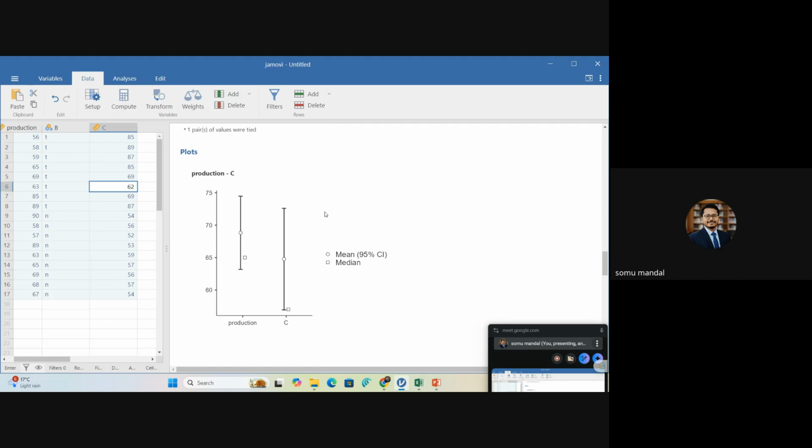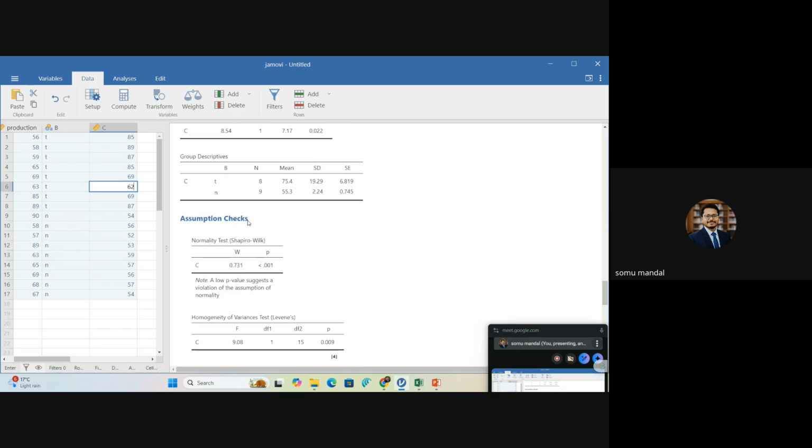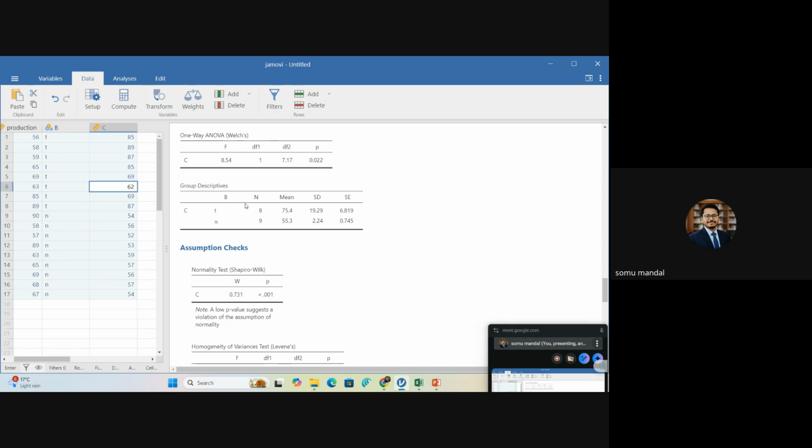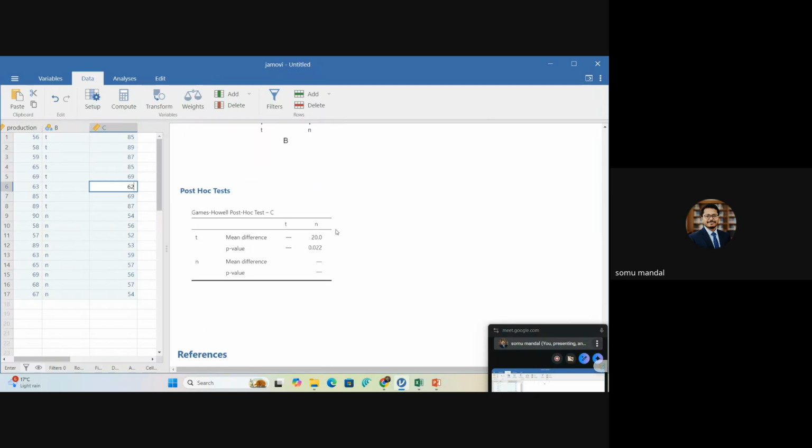Then we run the analysis and find that particular graph and this statistical analysis. Okay, and ultimately you can interpret and conclude that there is a significant difference between the groups from this post hoc test, the Games-Howell post hoc test.